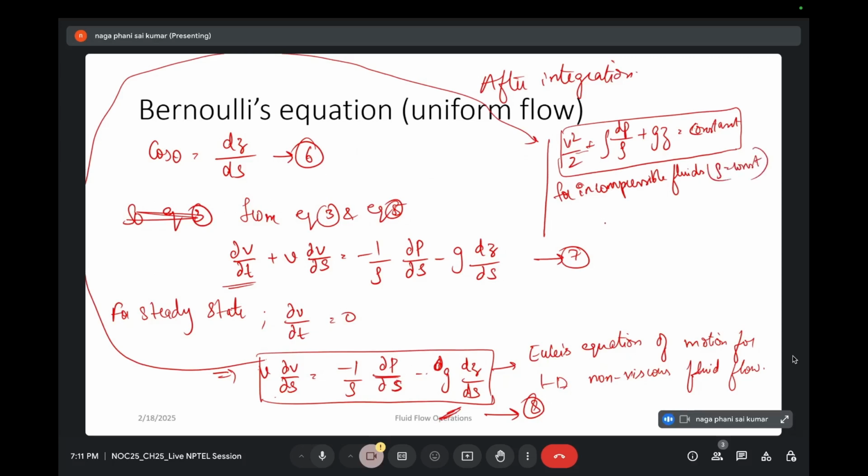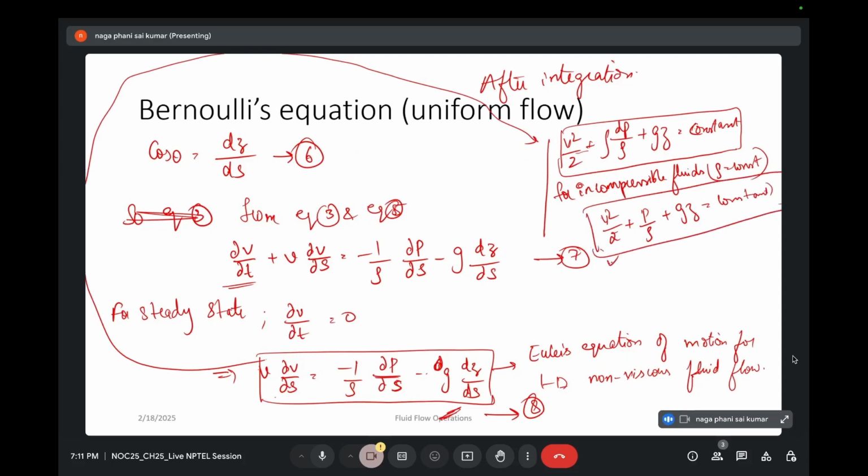So then this equation becomes v square by 2 plus p by rho plus gz is equal to constant. This is Bernoulli's equation.